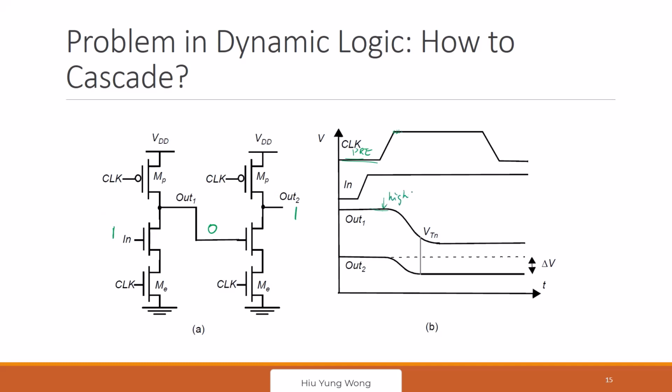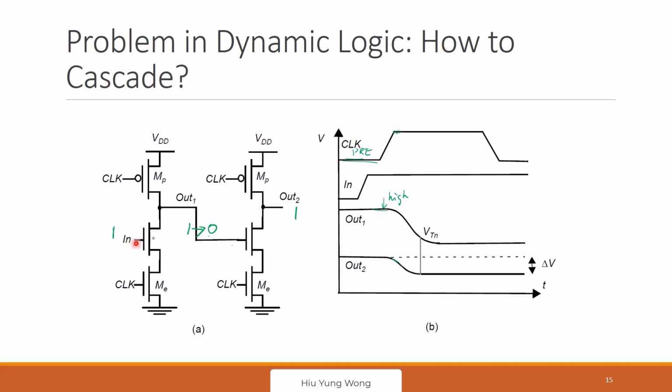As a result, once we go to evaluation, I will start discharging the output. That is because it takes time for this one, which was high, to go from high to 0, right? So when I'm evaluating this one, the next stage's input still sees high, so it starts discharging.